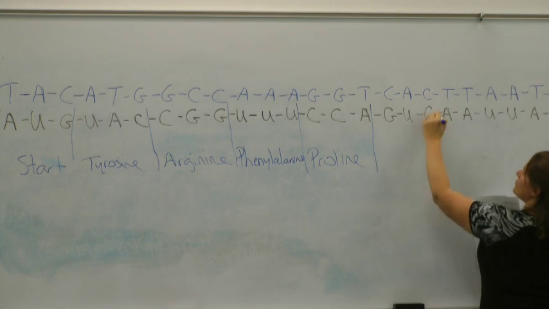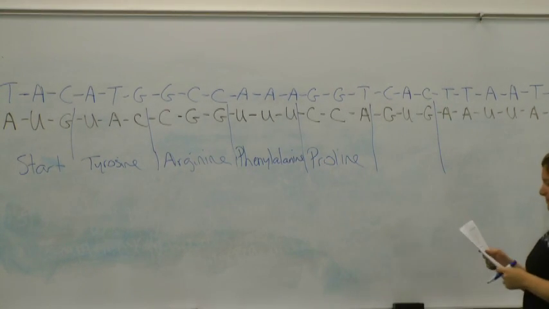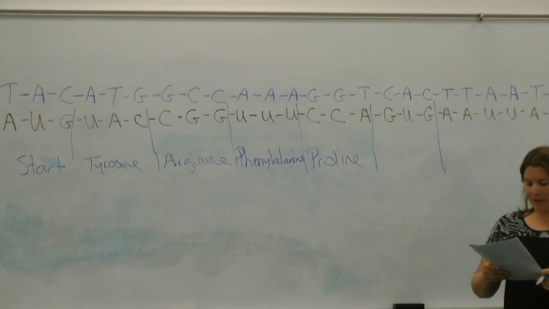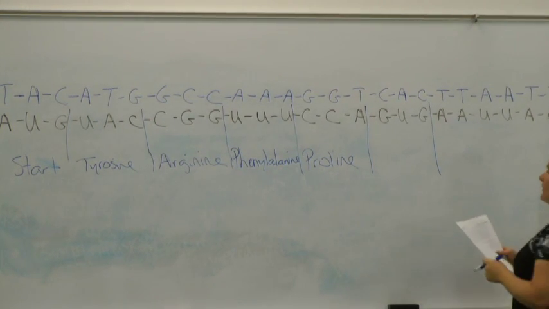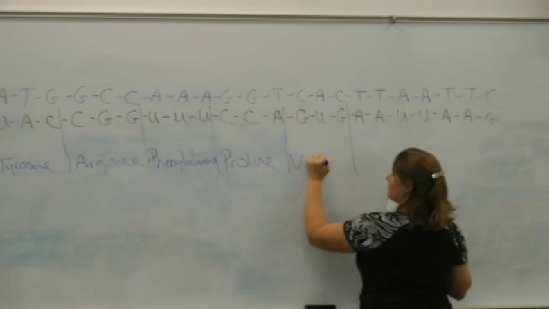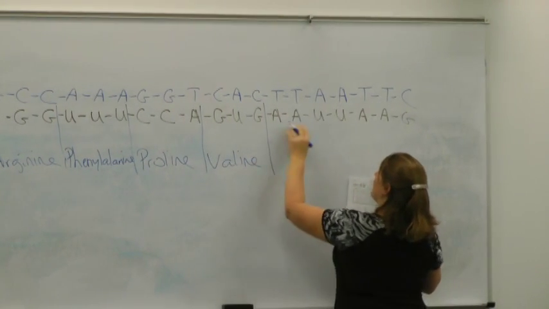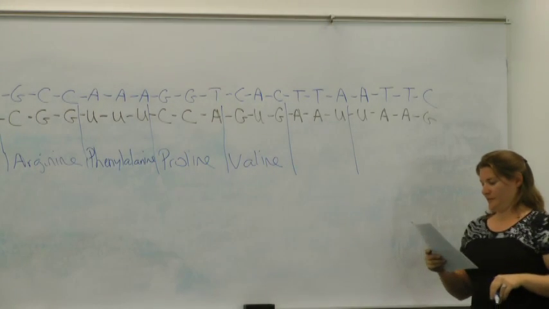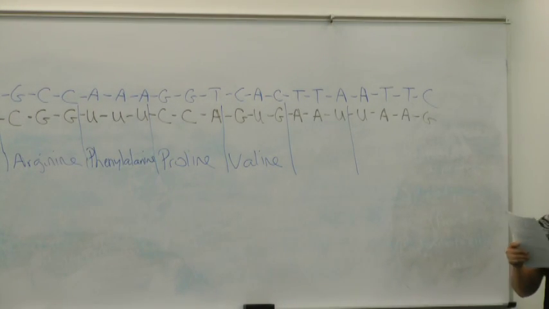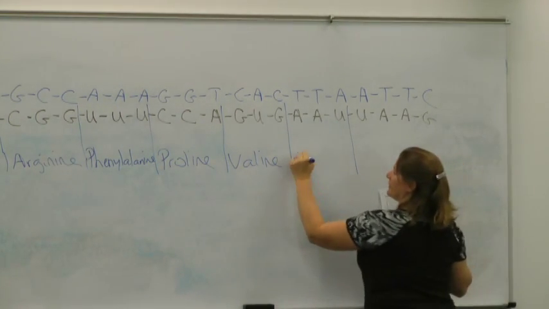Next codon, GUG. What do we get? Valine. You guys see that? Valine, GUG. And AAU, what's that? Asparagine.